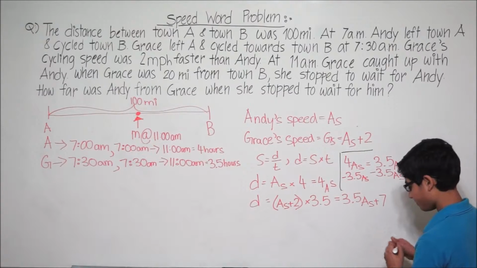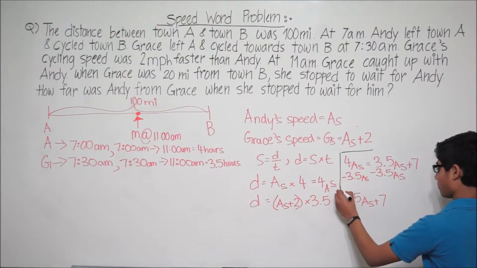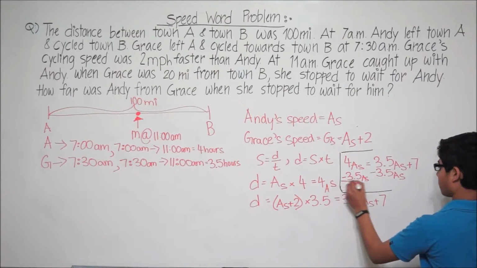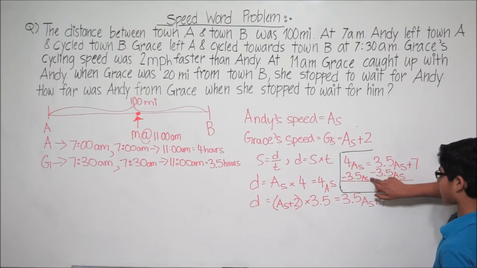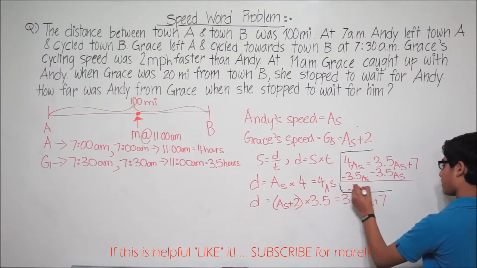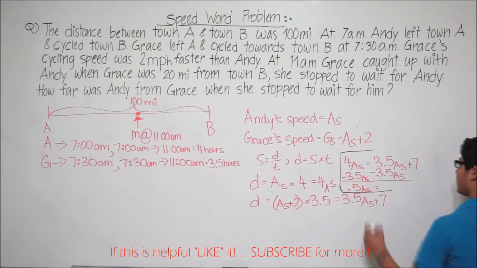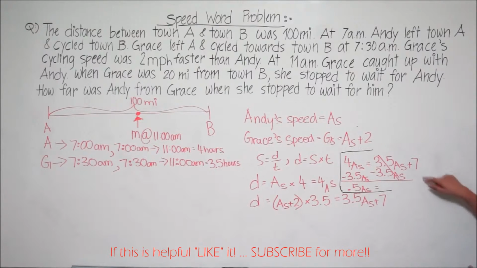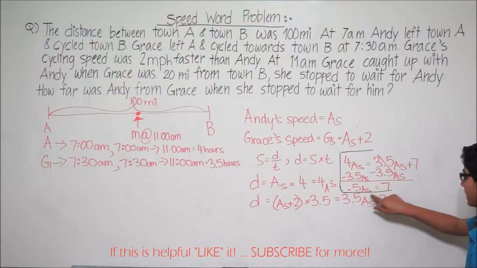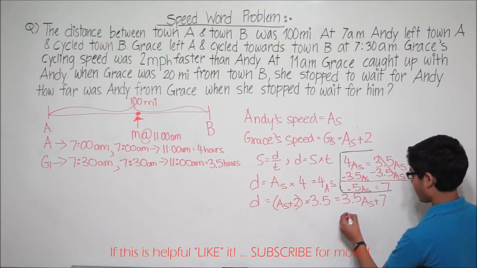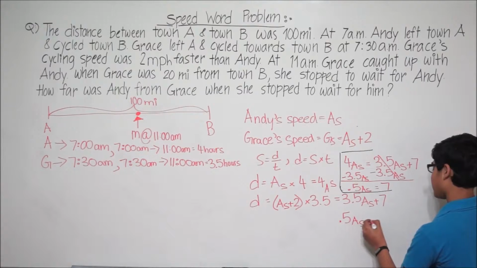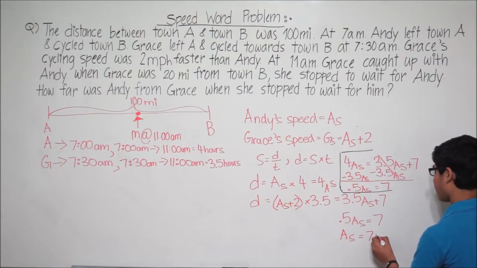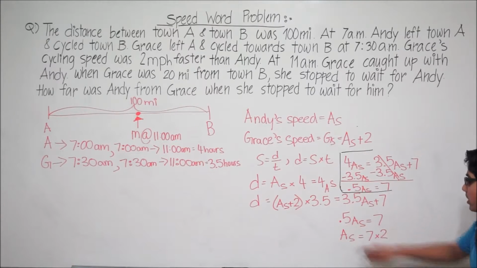So we get 4 AS minus 3.5 AS is 0.5 AS, which is equal to 3.5 AS minus 3.5 AS cancels out, so we get 7. So 0.5 AS is equal to 7. Let's rewrite this here. 0.5 AS is equal to 7. So 1 AS, or AS, is equal to 7 times 2, because 0.5 goes into 1 twice.